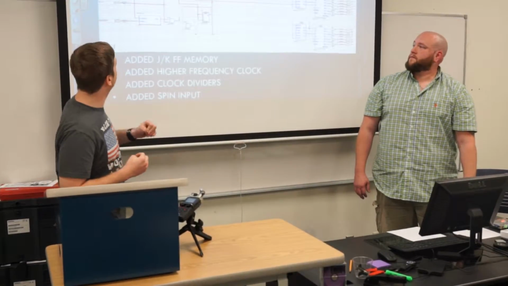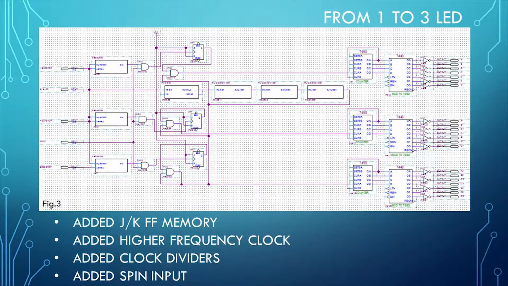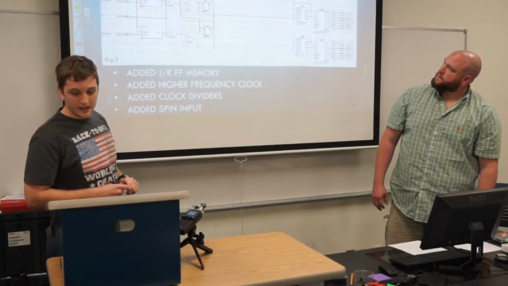So we added the clock signal. We added the push button with the 32 hertz clock that we divided down there, and tied that to the clock of a JK flip-flop.